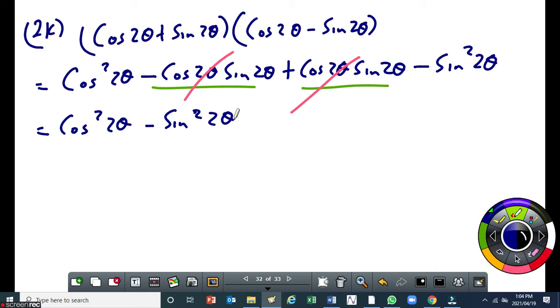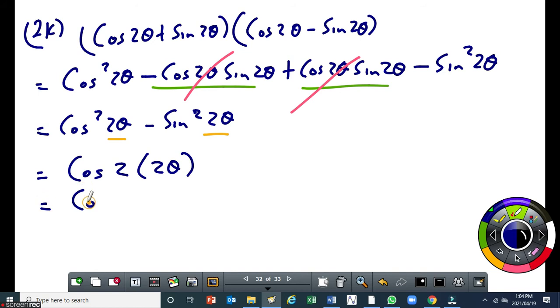Since we have got 2 theta here, if we want to move from the right hand side toward the left hand side of the double angle for cos, we have to multiply this 2 theta by 2. So we end up having cosine of 2 times 2 theta. This is where the concept of the double angle comes in. And then you end up having cos 4 theta. So that will be your final one.